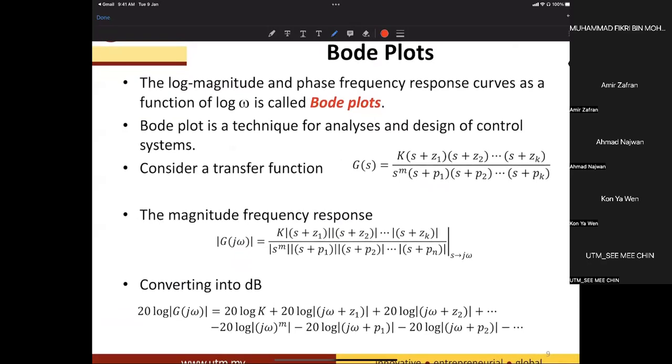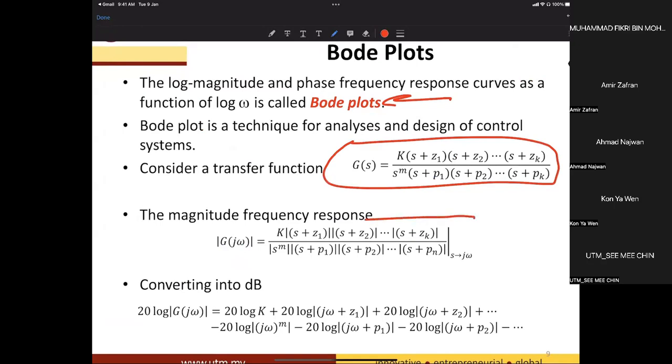So the log magnitude and phase frequency response curve as a function of log omega is called a Bode plot. It's a technique for analysis and design of a control system. Consider the transfer function G(s) and the magnitude frequency response, which is |G(jω)|.